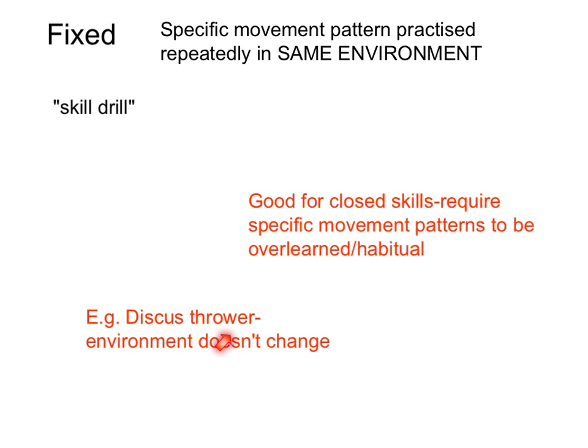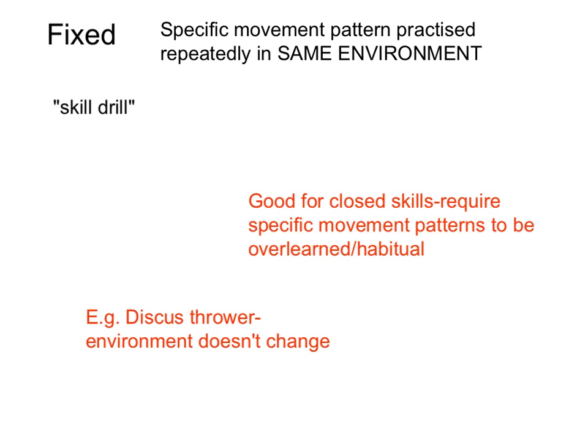If you look at a discus throw, other examples would be the shot put and javelin. Once you've learnt the exact skill, that's how it's going to be performed in every single environment. The environment does not change. For example, the size of the discus circle that you throw out of is the same.